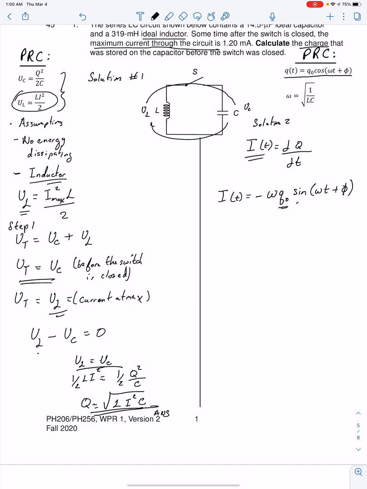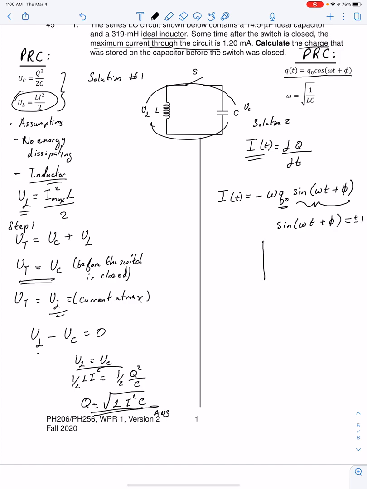Now, when we're talking about the max current, because it is saying we have the max current, at max current, sine of angular frequency times time plus the phase angle will equal plus or minus 1.